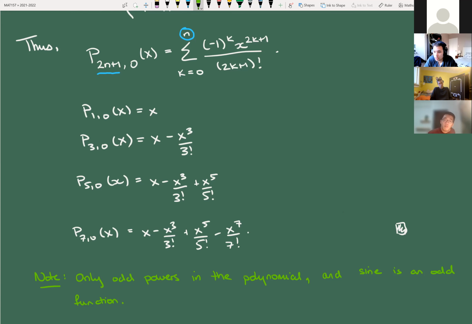is checking, if you've got a good nth order Taylor approximation, a good nth order Taylor polynomial, is its derivative a good approximation to the derivative of your function, right? So if P approximates F, does P prime approximate F prime? That's kind of an interesting question.